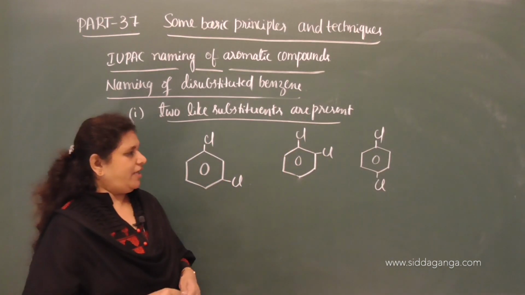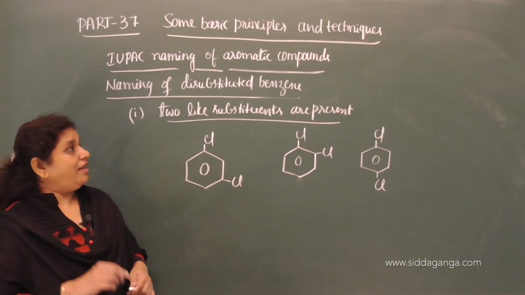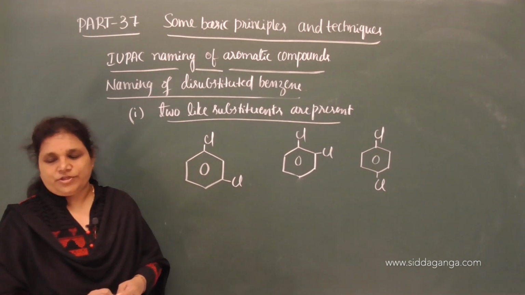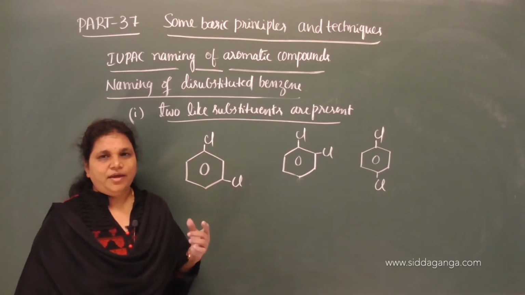So, I have given an example. Here we have 2 substituent groups that are like substituents. Like substituents means both are the same. 2 chlorine atoms are attached on a benzene ring.